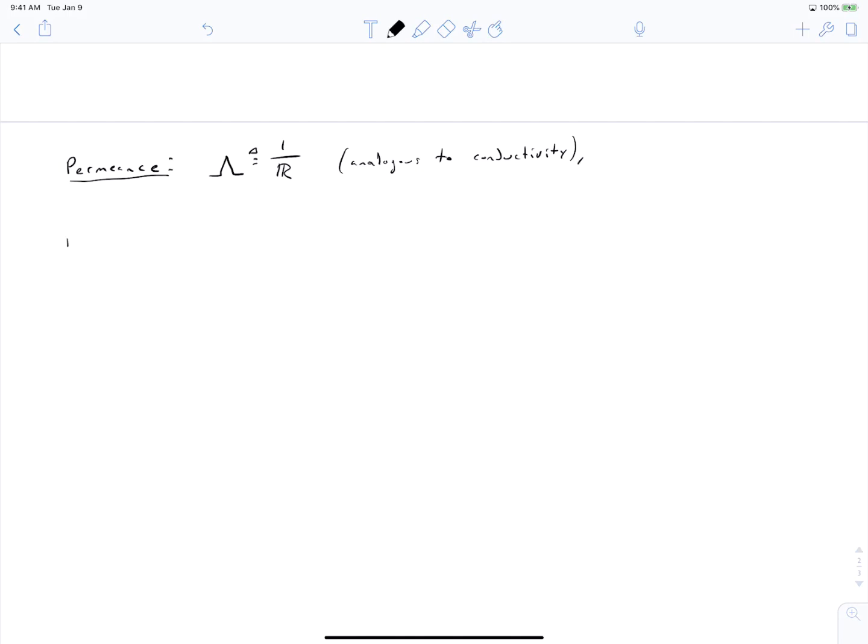We can define reluctivity as being 1 over our permeability, and this is analogous to conductivity. I apologize, the previous one was analogous to conductance, and reluctivity is analogous to conductivity.